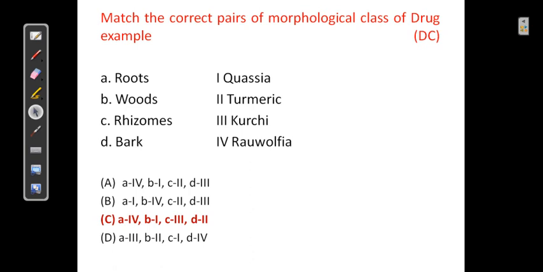Then wood. Quassia wood. Rhizome. Turmeric rhizome is used for antiseptic purposes. And bark. Kurchi bark is used as an antidysenteric drug. So the correct match is option C.